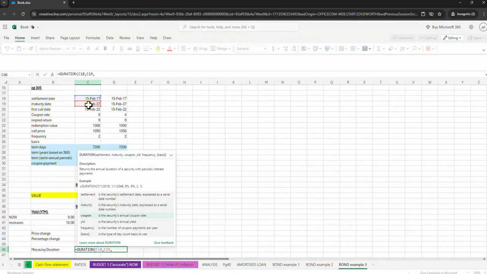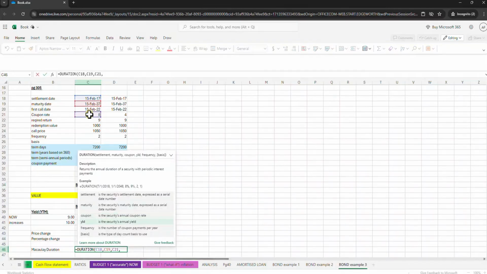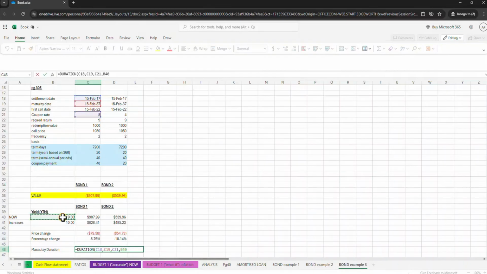Our annual coupon rate was here. The yield was 9%, so the yield is actually here.